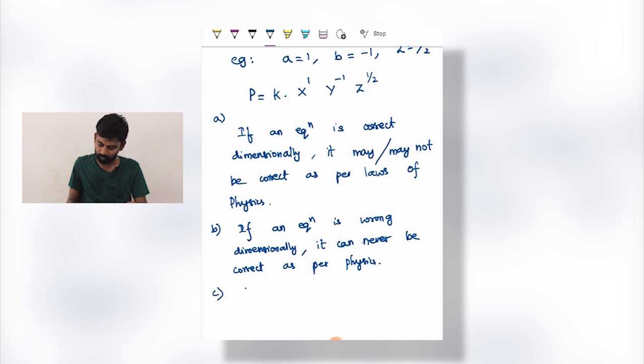And third one, if an equation is correct as per the laws of physics, then it should be correct dimensionally. It must be correct dimensionally.